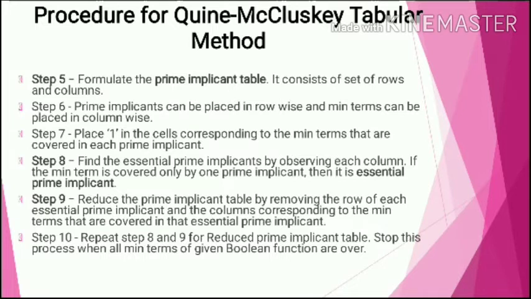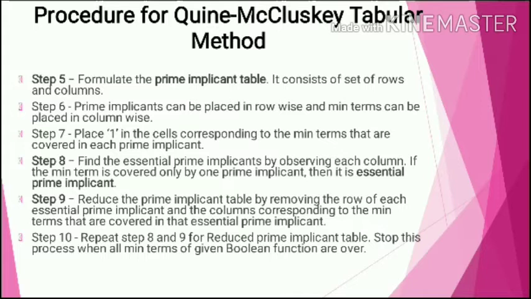Step 5: formulate the prime implicant table. The prime implicant table consists of a set of rows and columns. Step 6: prime implicants are placed row-wise and minterms are placed column-wise.